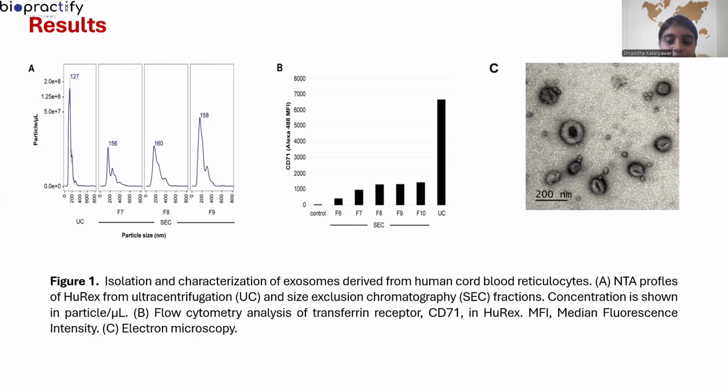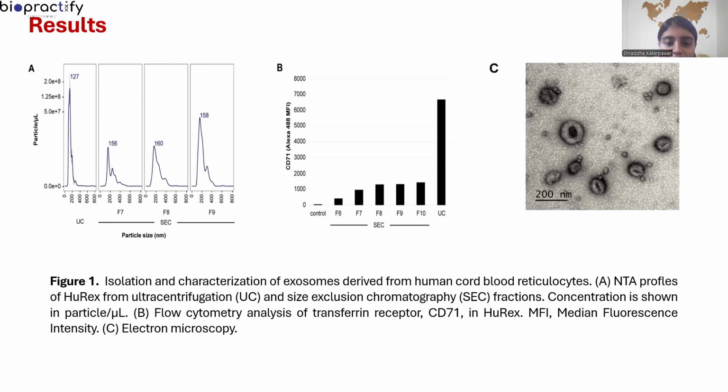Then next we are going to see the results of flow cytometry. Flow cytometry analysis is performed for detection of the transferrin receptor, CD71. The intensity in graph B represents the amount of transferrin receptor present in the size exclusion chromatography and ultracentrifugation extracts.